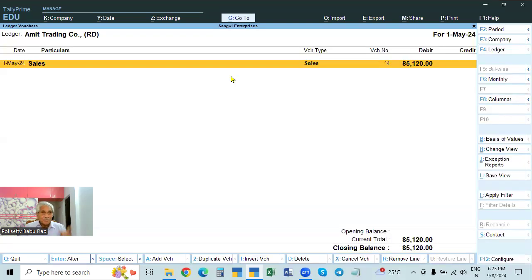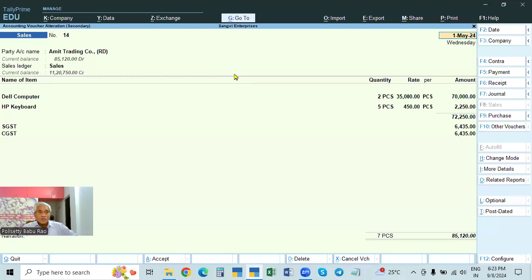Here there is only one sale, on 1st May. Invoice number is 14, 1st May, Amit Trading, and the items are Dell computer and HP keyboard. Suppose one Dell computer is returned.